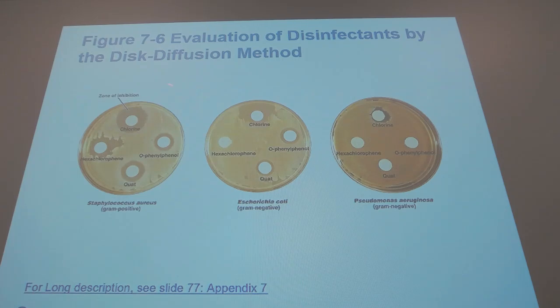So we have on the left Staph aureus, this is a gram-positive. In the middle we have E. coli, which is a gram-negative, and on the right we have Pseudomonas aeruginosa, which is a gram-negative. According to what you see there, what bacteria is the most resistant to disinfectants?